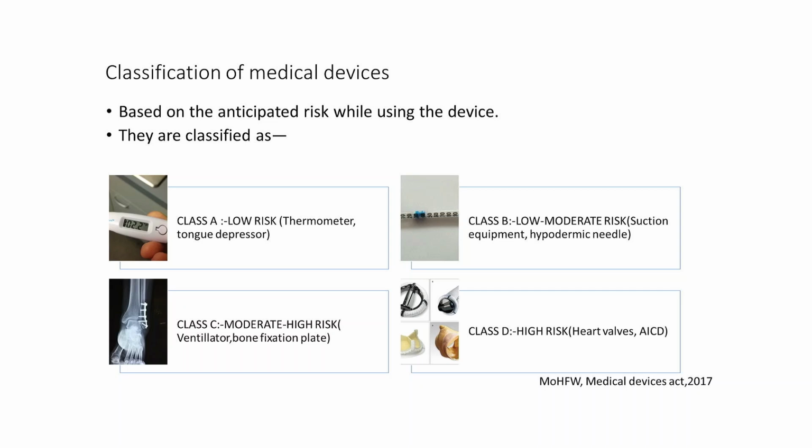Next is class B, which is a low moderate risk device such as suction equipment, hypodermic needle, and things like that, right? Then class C is moderate to high risk, which includes ventilators and bone fixation plates. Class D is extremely high risk, like heart valves, AICDs, and other biomaterials and devices which are in touch, right?